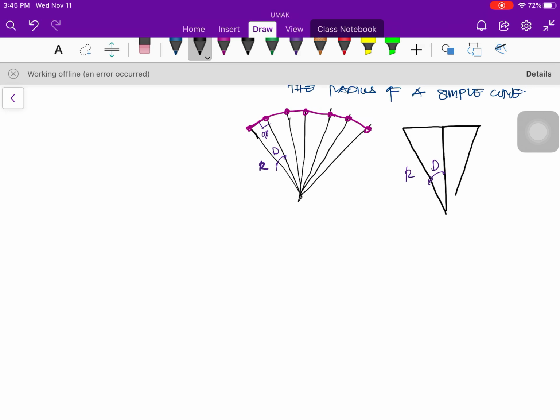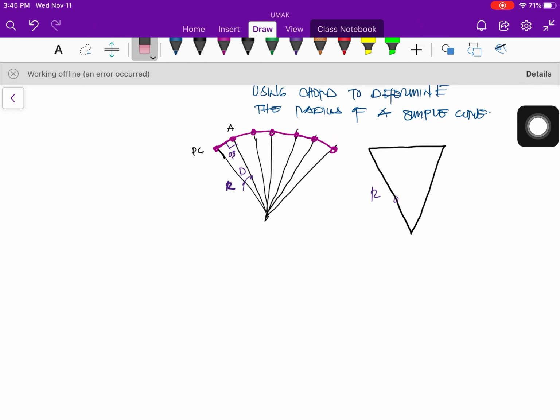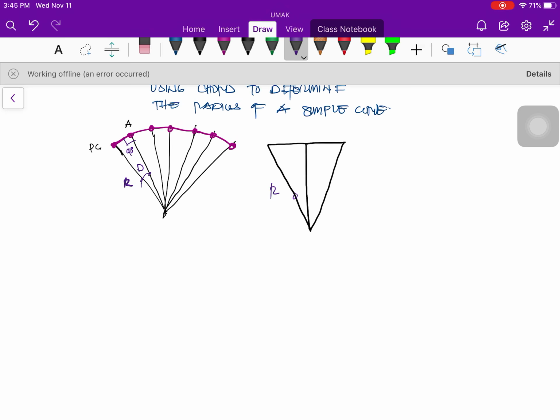For example, this one is your first point of curvature. Say this is your station A. If it's your D, and this is also your radius, so you take the half.